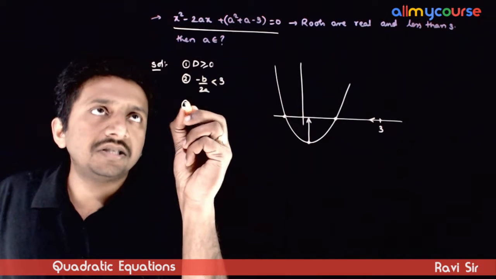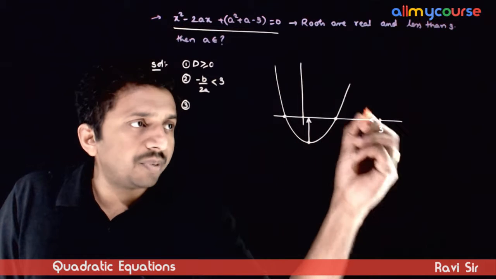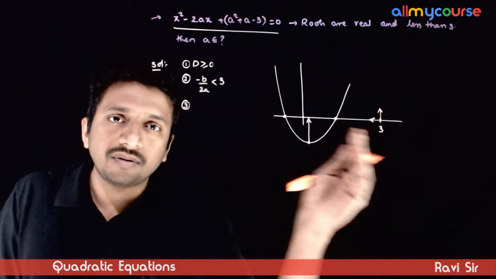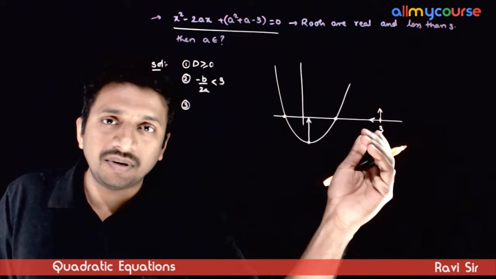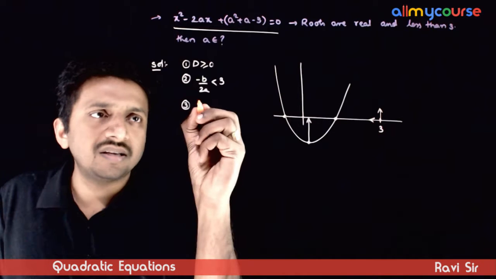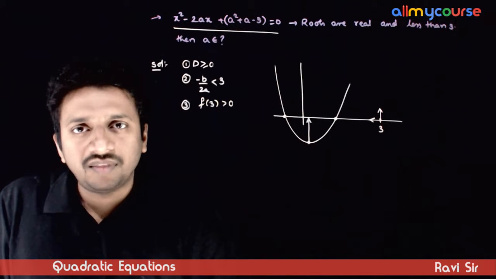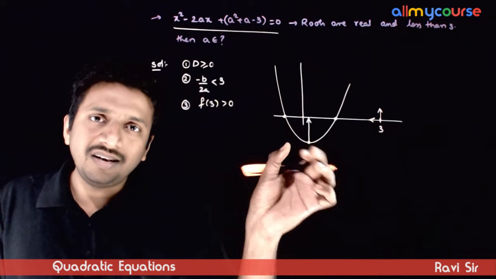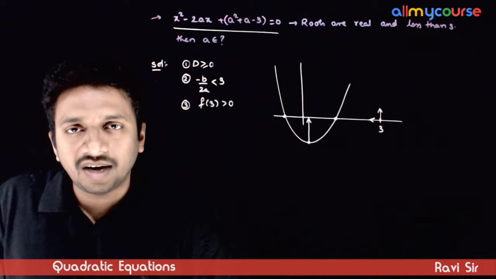And the third condition is that the graph should rise up before it reaches the value of 3. So the graph has to go up by the time it reaches the value of 3. That means f of 3 has to be greater than 0.